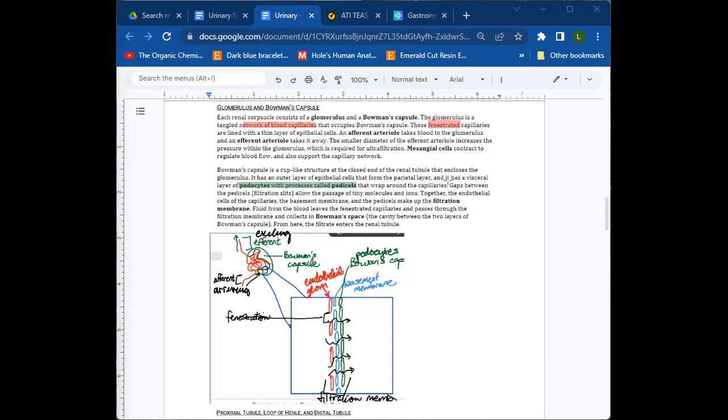There are teeny tiny gaps between the pedicles called filtration slits that are going to allow the passage of tiny molecules and ions. And so this is going to allow only the smallest of the smallest of particles to be able to pass through.